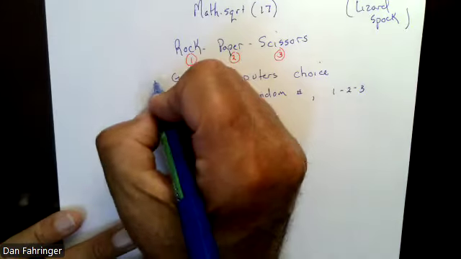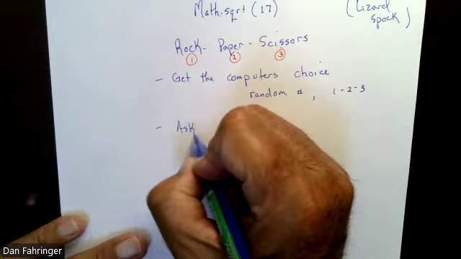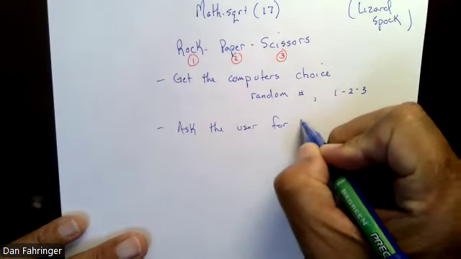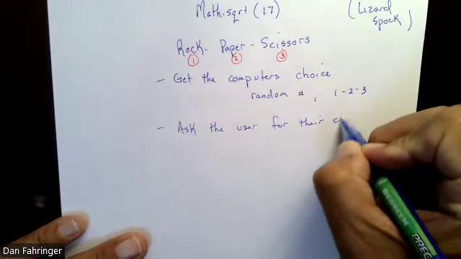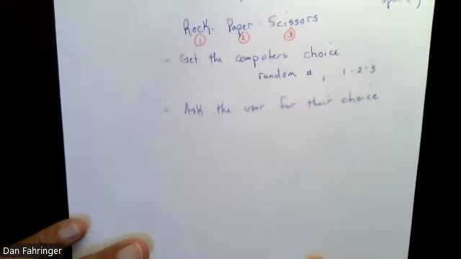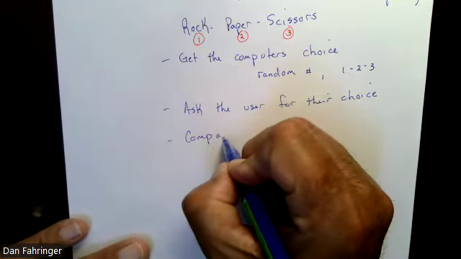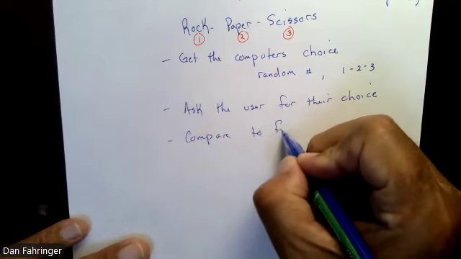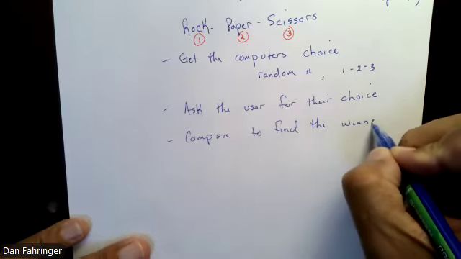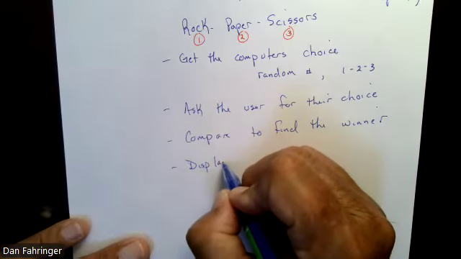Good. Second thing we need to do is ask the user for their choice. Yeah, that kind of makes sense. Then I'm going to need to do some sort of compare to find the winner. And then I want to display the results.